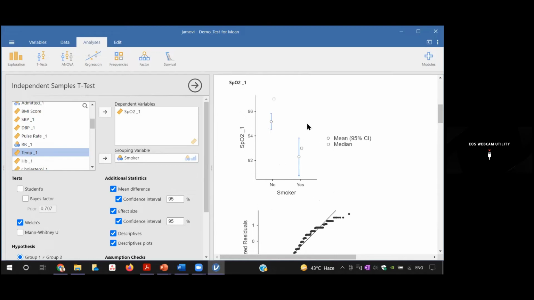So from the descriptive plot also, you can be doubly sure that this is highly significant, because when one has ended, the other has started here. None of the values, like the confidence interval values, are overlapping. So this descriptive plot helps.